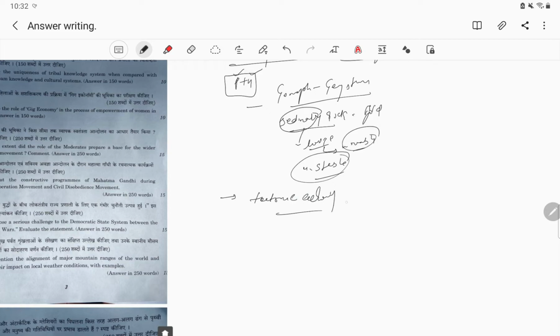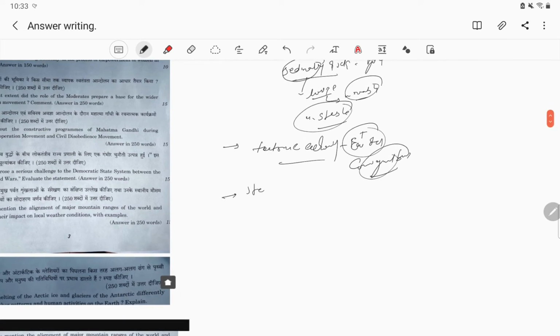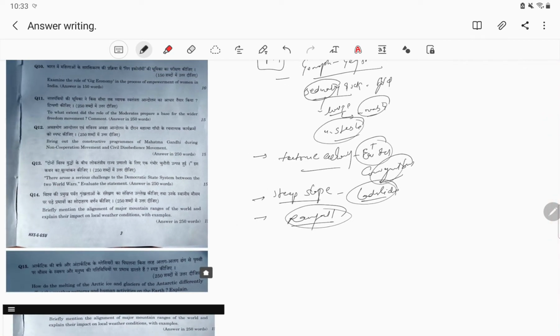You can talk on plate activity, because the Eurasian plate and Indian plate move towards each other, creating a convergent boundary. There is a steep slope which creates easy movement of landslides. And you can talk on rainfall. These are more of physical activities.